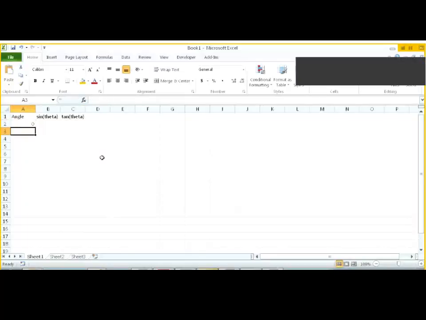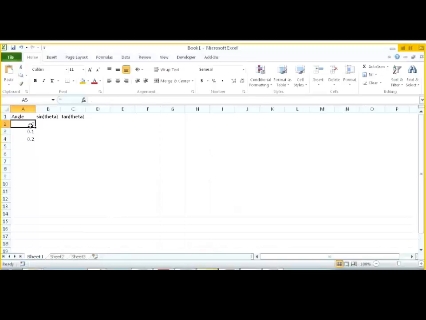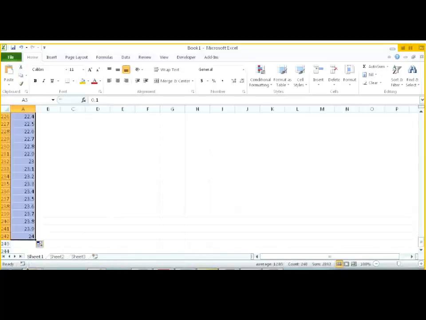Start with 0. And then we have, let's use degrees. So let's go 0.1, 0.2. So these are degrees. The functions, sine and tangent, are in radians.